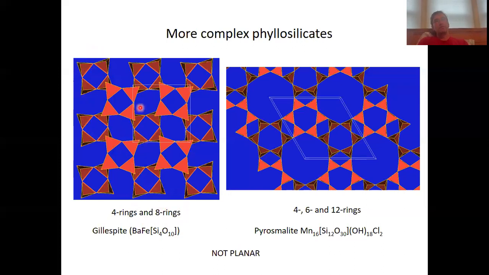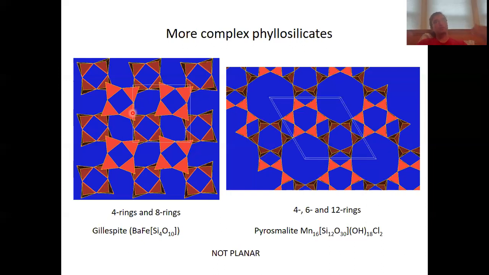Okay, so you see such an eight-ring here, and this eight-ring is now not planar, so it would consist of one, two, three, four, five, six, seven, eight of these tetrahedra.